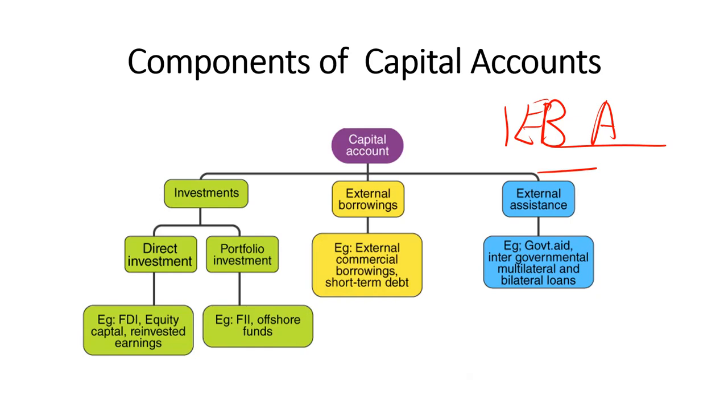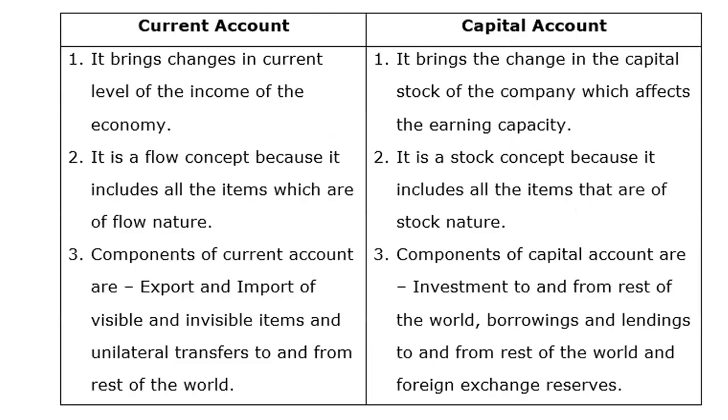In assistance, all the government funding and both types of multilateral and bilateral loans will come here. In external borrowings, short-term debt will come. In investment, the DP will come, direct investment and portfolio investment. The direct investment will be related to FDI and the portfolio will be related to FII and offshore funds. I hope it is clear. Now let's understand the difference between the current account and the capital account.